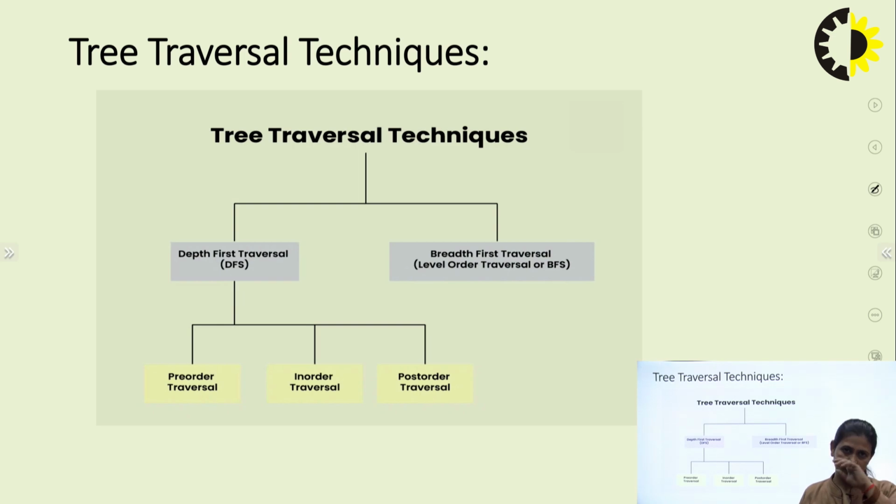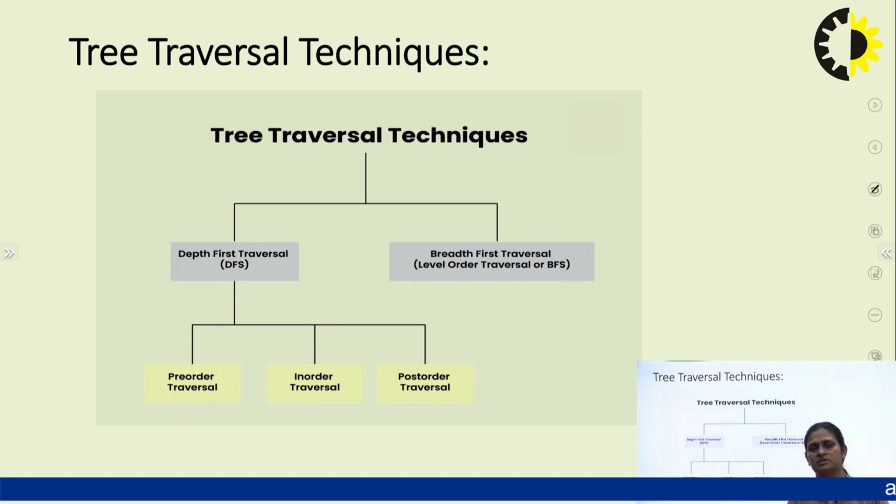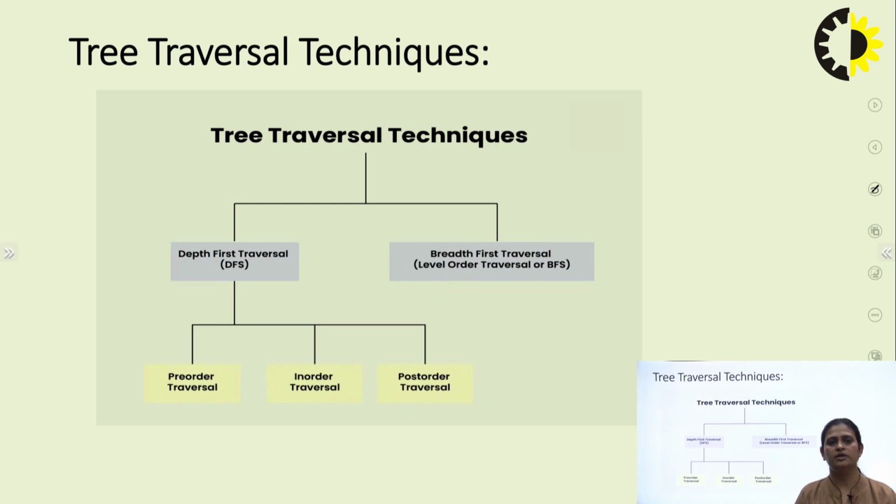Now here we explain the different tree traversal techniques. There are basically two types of tree traversal technique. The first one is depth first search traversal, DFS, and the next one is breadth first traversal, also known as level order traversal or BFS.